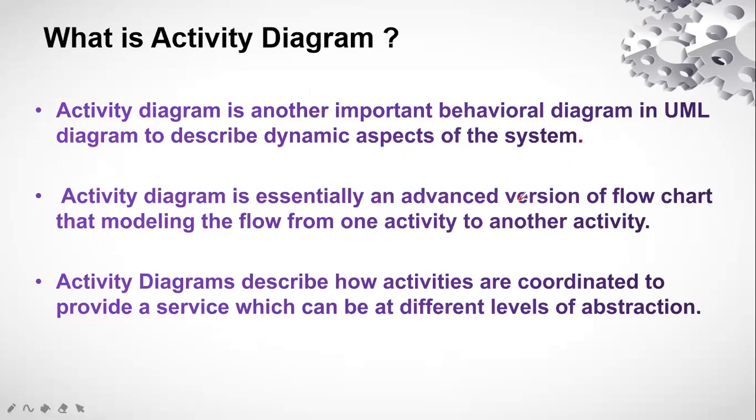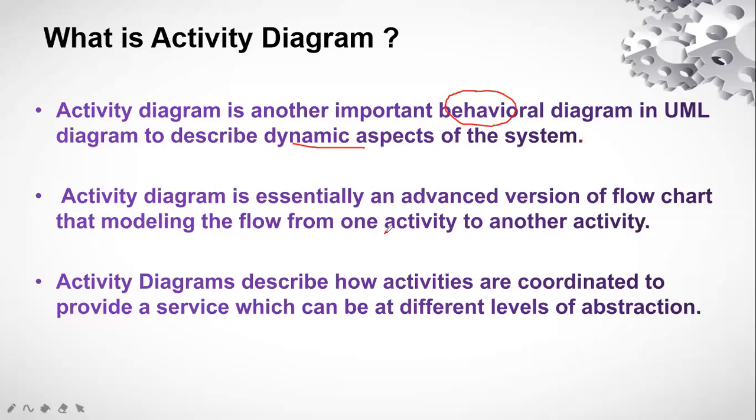So as the time moves on, the activity or the actions are going to change. The flow of work will change. That is why we are considering it as dynamic in nature, and that is why it is coming under the category of behavioral, right?